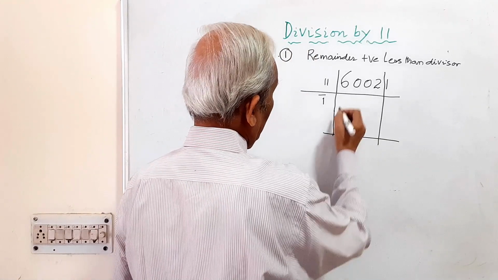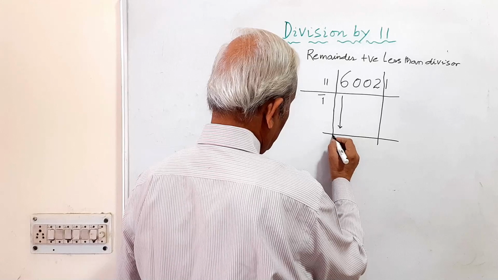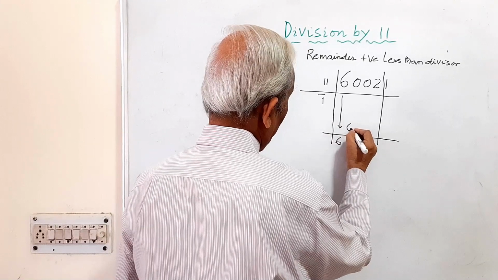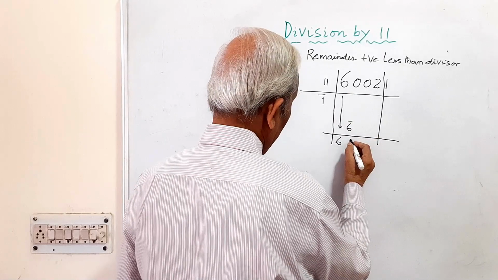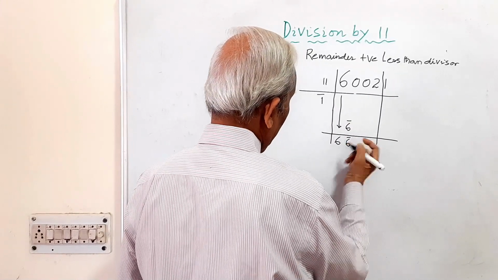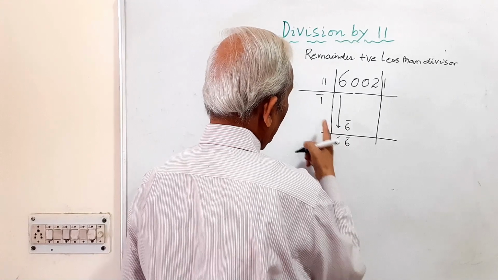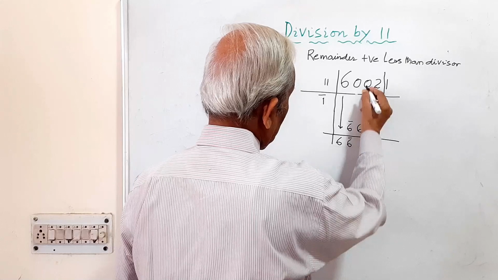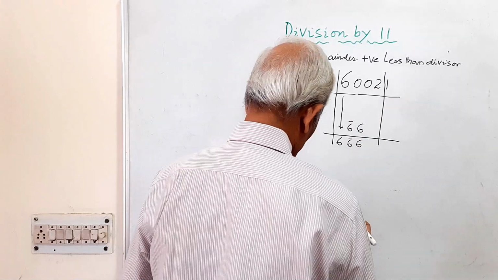Now, put down 6 as it is. It becomes 6. Now 6 into 1 bar, 6 bar. Now 0 plus 6 bar is 6 bar. Then again multiply this 1 bar with 6 bar, how much does it become? Minus 1 into minus 6 is 6. Now 0 plus 6 is 6.